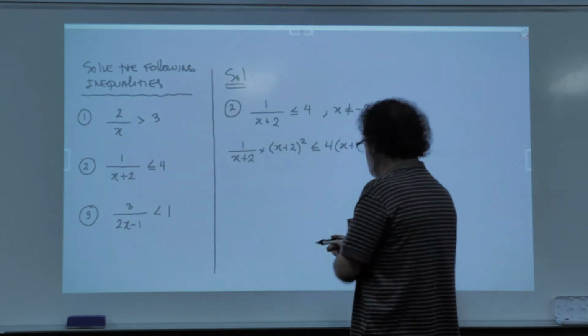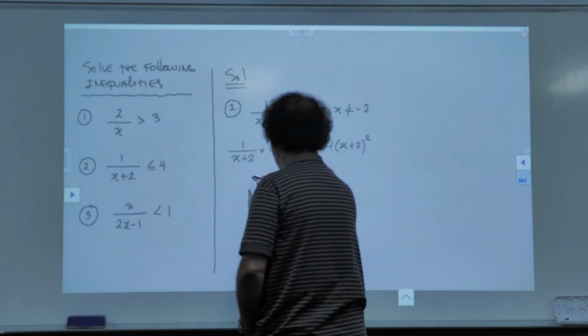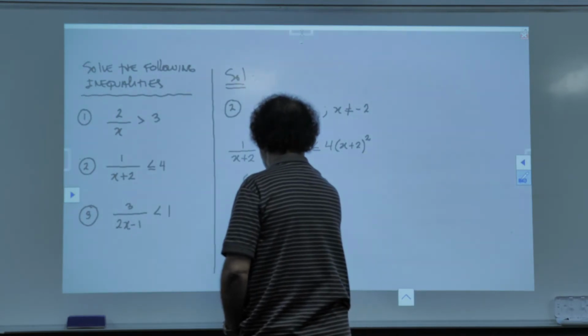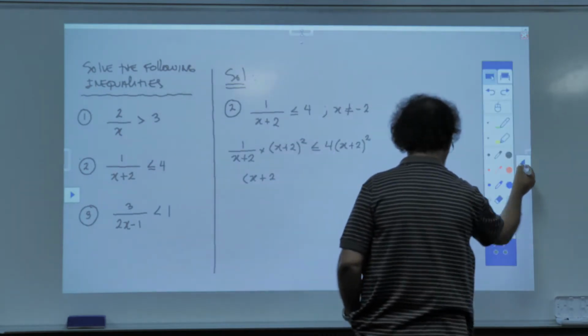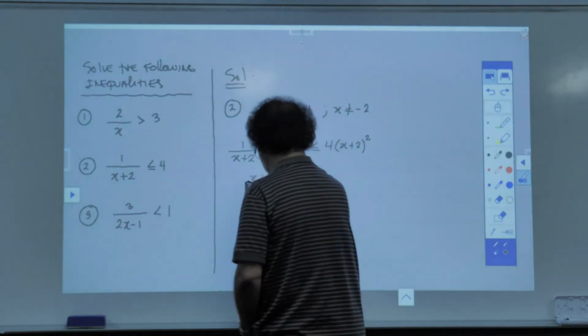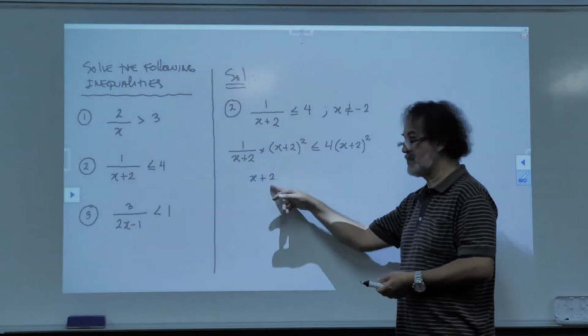When you simplify this, you're going to have x plus 2. I'm going to do it without the bracket. Are you happy if I go from here up to here?